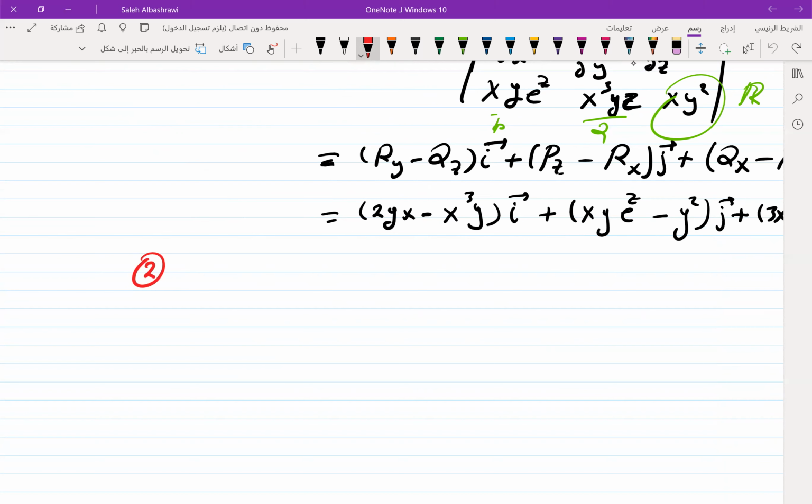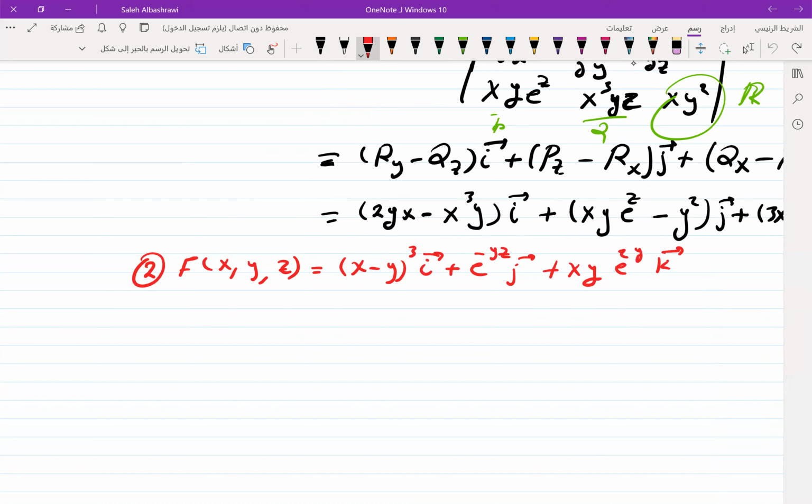Take for example f of x, y, z is given by x minus y to the power 3 i plus e to the power minus yz j plus x y e to the power 2y k. Find the curl for this one.